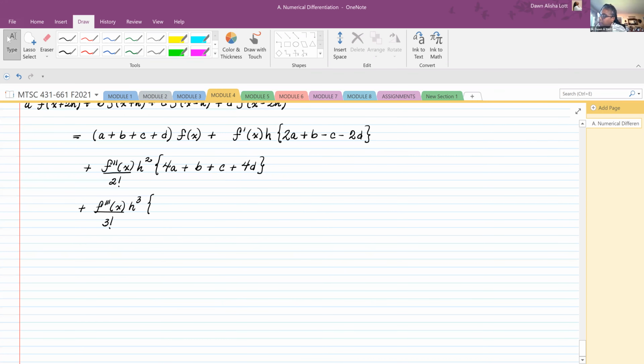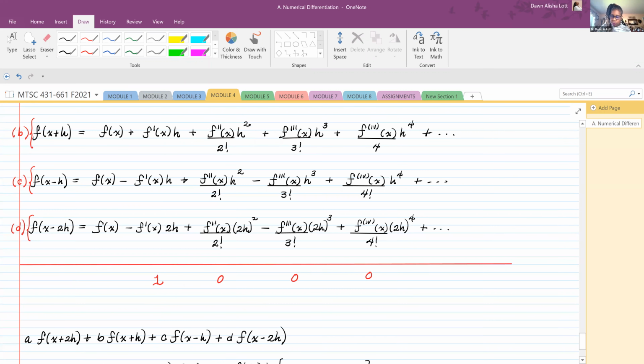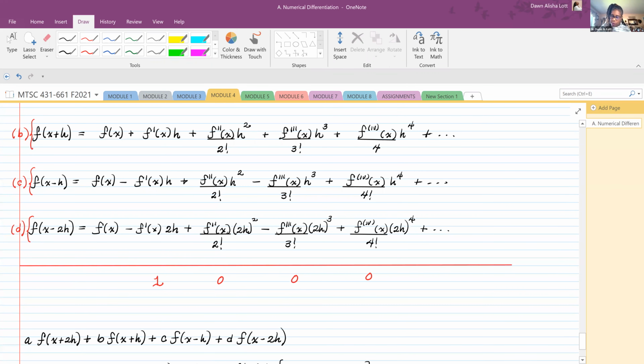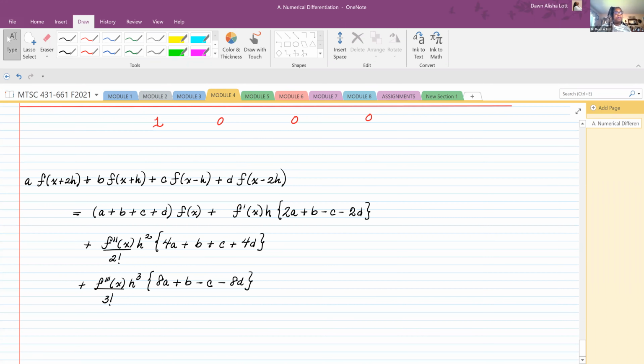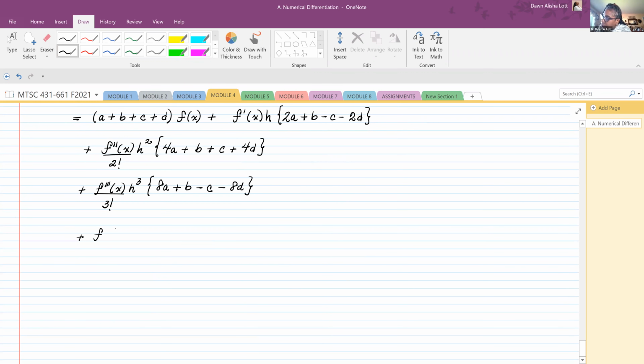So I think I have one more, which is the coefficient of the fourth, over 4 factorial.